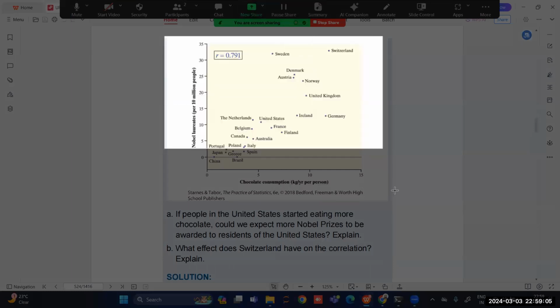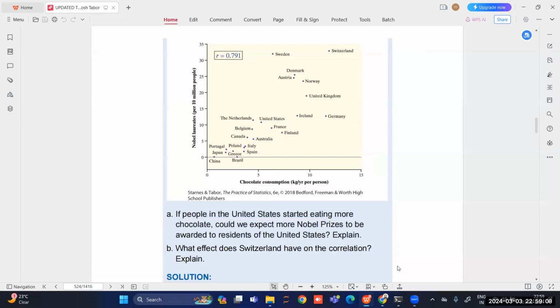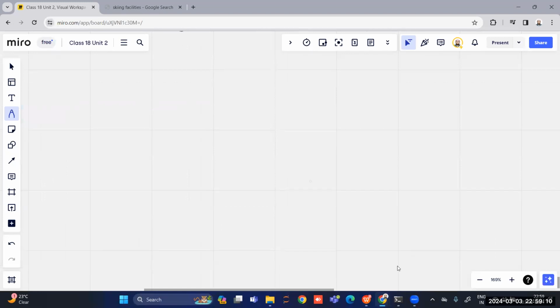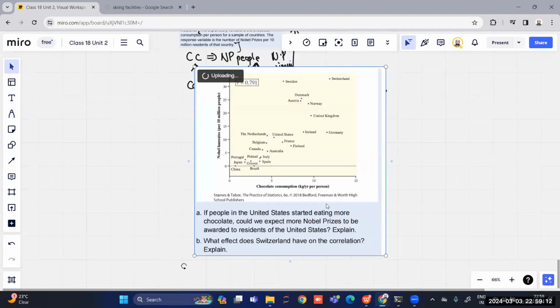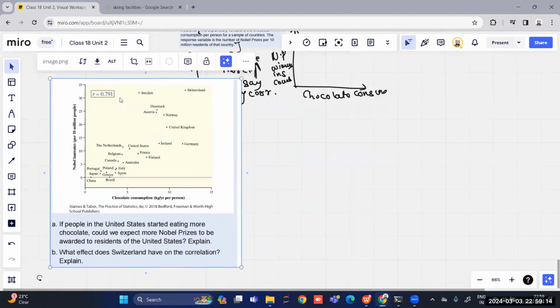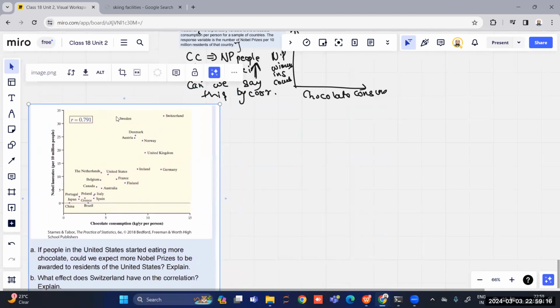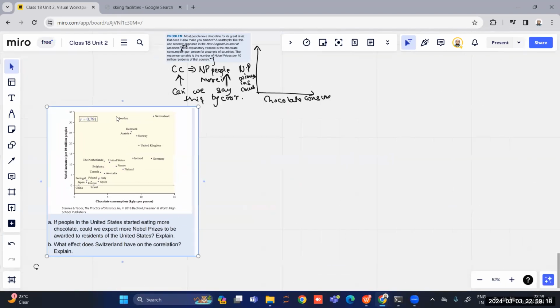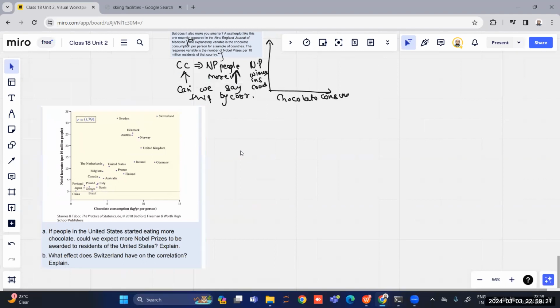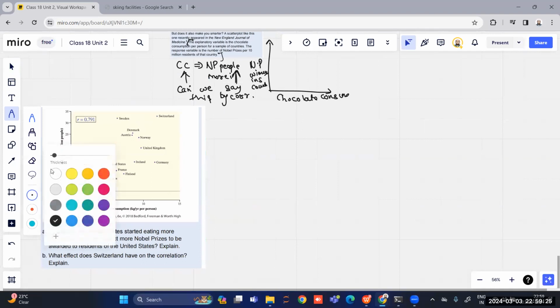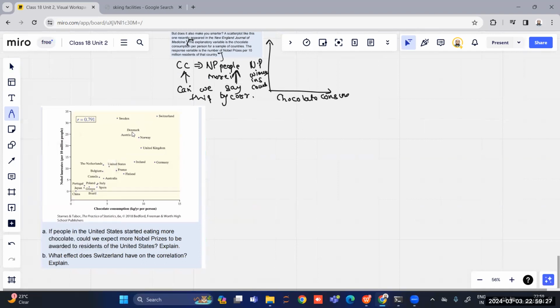No, I've told you, correlation does not predict the future. I don't think the chocolate does affect the Nobel Prize winners. How can chocolate affect them? It can't really, unless the chocolate somehow gives you smartness, but that's not possible.